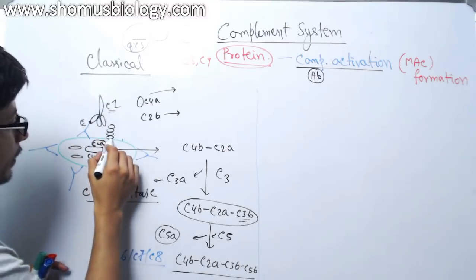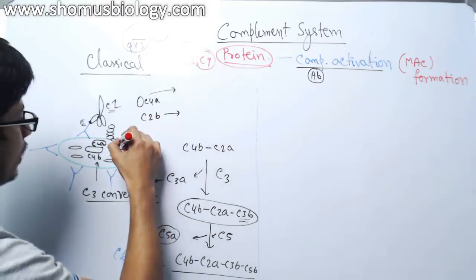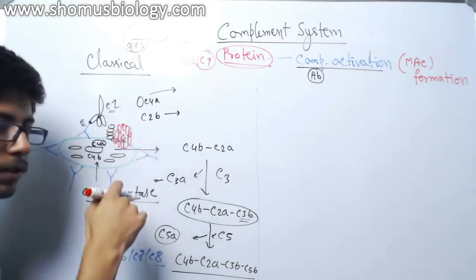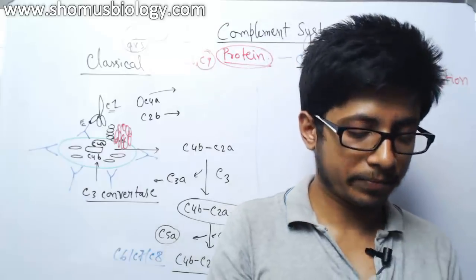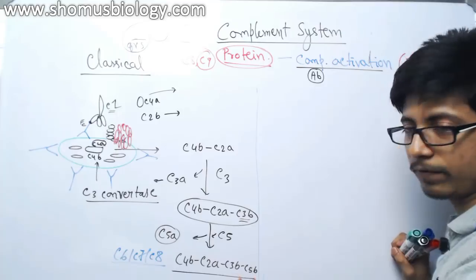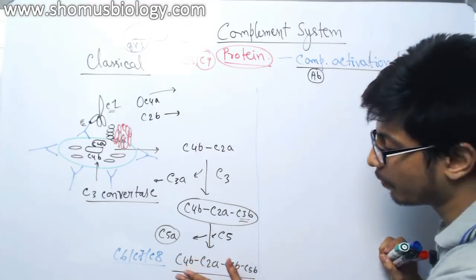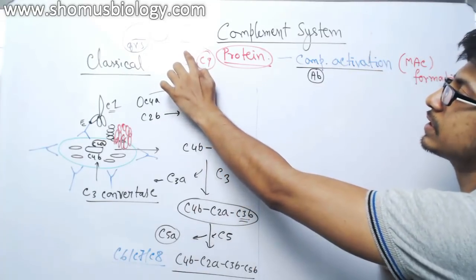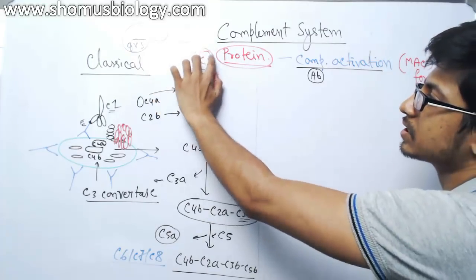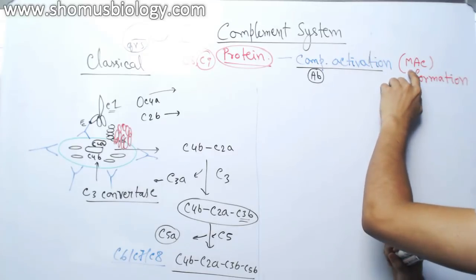Now finally, they will recruit the C9, and C9 will start creating a channel or pore in the membrane. Remember, up to this area, when they form C4b, C2a, C3b and C5b, they are not dangerous, but when they are associated with C5, C6, 7, 8 and 9, all of these last 4 complements along with this complex together will form the membrane attack complex.